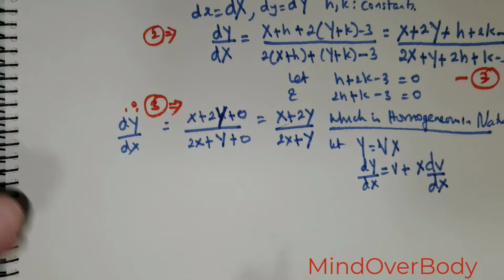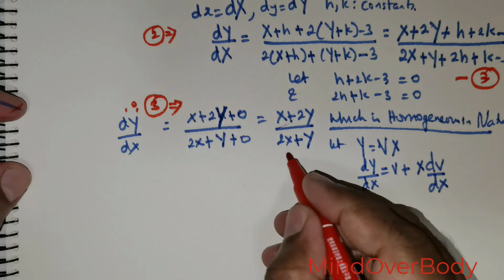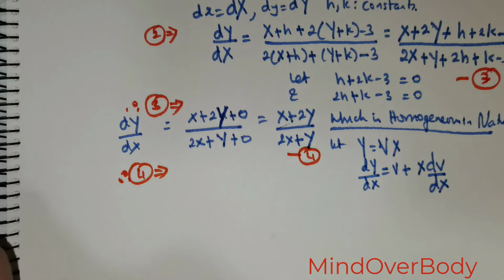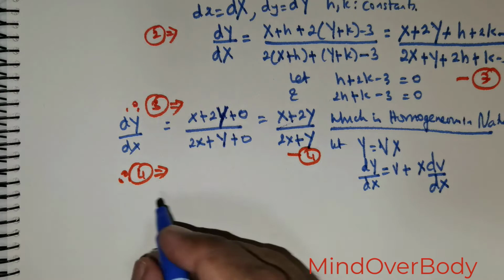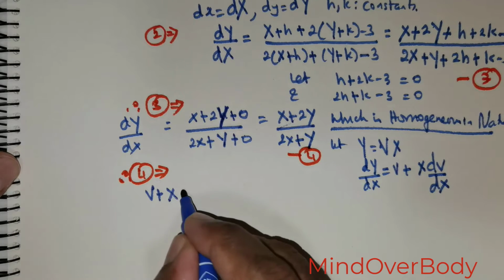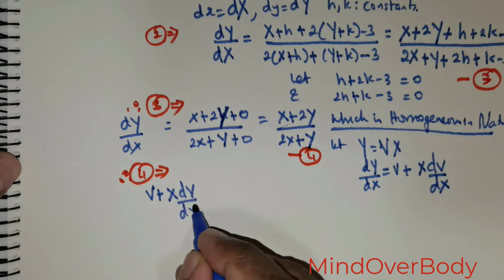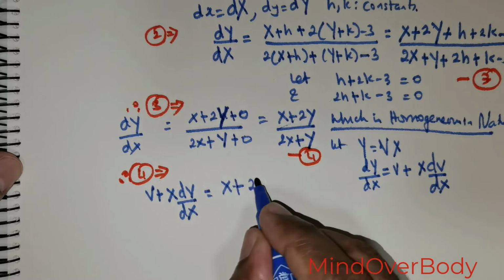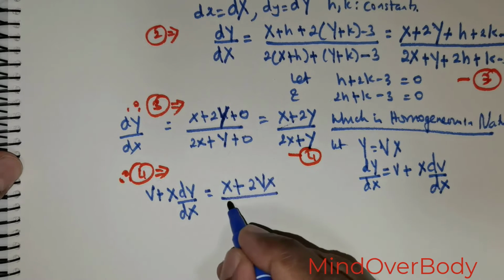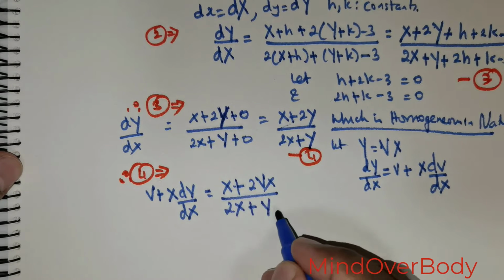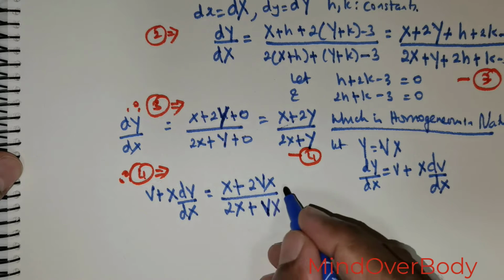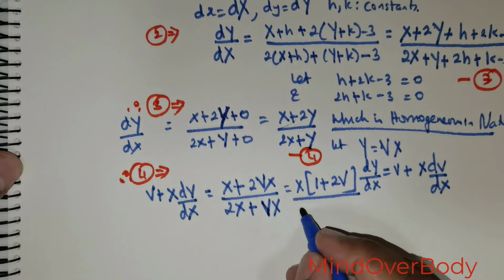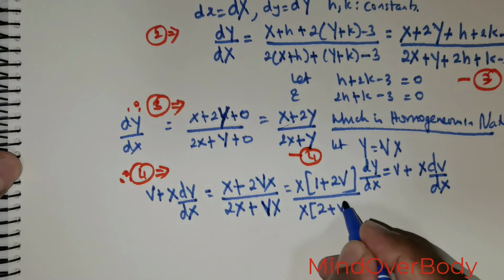So if I were to take this as equation 4, I can rewrite it as v plus x dv over dx is equal to x plus y, which is vx, divided by 2 times x plus v times x. I take an x out, I get 1 plus 2 times v divided by, I take an x out, I get 2 plus v.